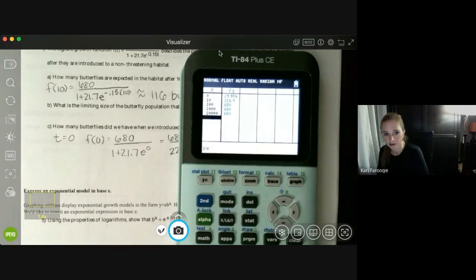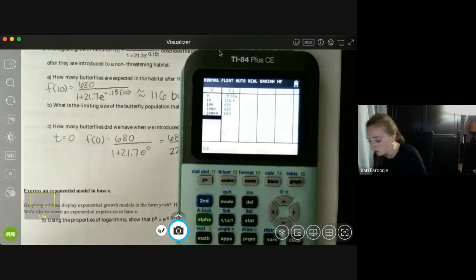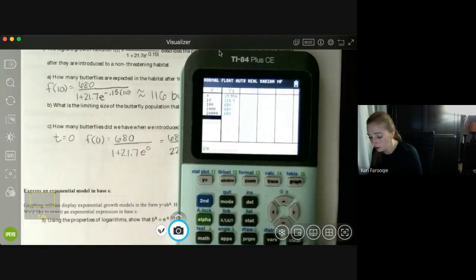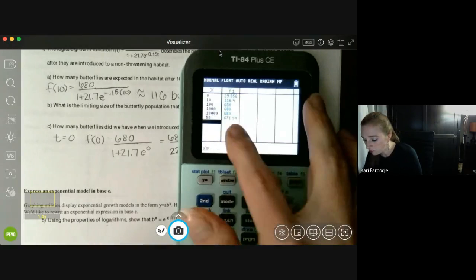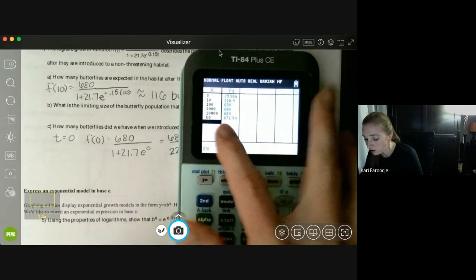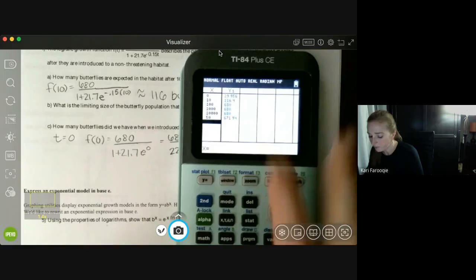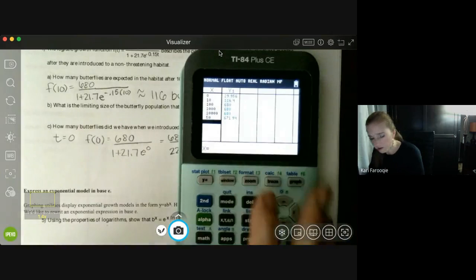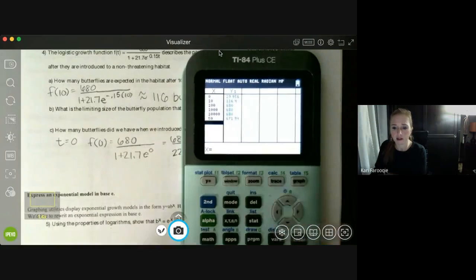Again, we're back to 680. So you're seeing that for large values, you're not going to get a value that's larger than 680 butterflies. Even if we chose a number between 10 and 100, you can see the number start to increase, but it increases quickly up to 680, and then it cannot sustain anymore.